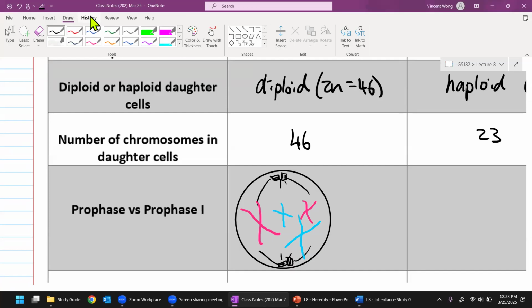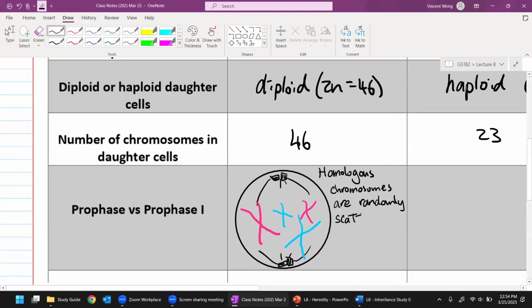So in prophase of mitosis, homologous chromosomes are randomly scattered. They don't find each other. They don't associate with each other. They're just all over the place.